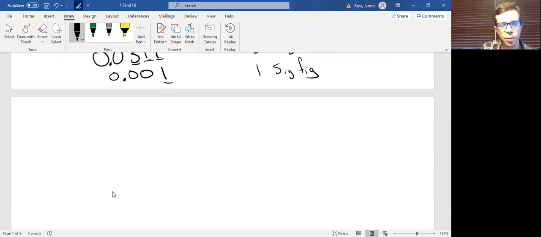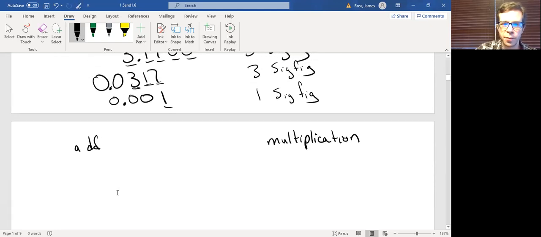So there are two calculations that you might have with significant figures that you need to be able to carry through. So addition and subtraction, and multiplication and dividing. When you add, we'll just stick with the numbers that we have.